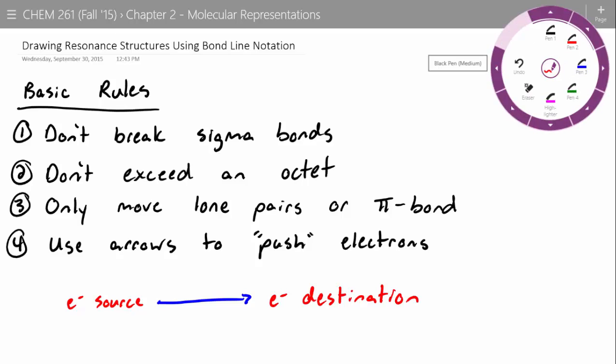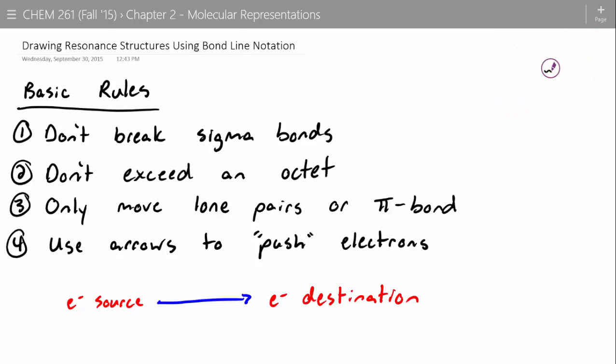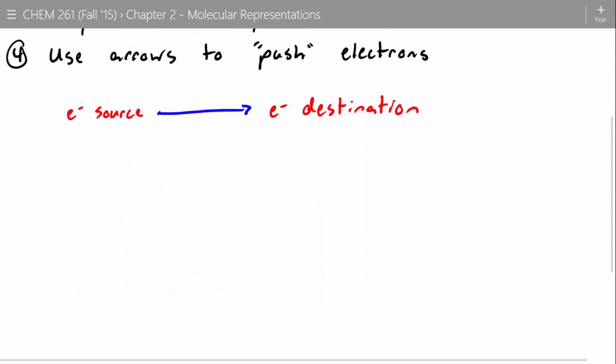Okay, so let's use these rules to show resonance structures of our last 2 examples, but we're going to use bond line notation instead of molecular orbital theory. All right, so in our first example, we had carbon, carbon, carbon.